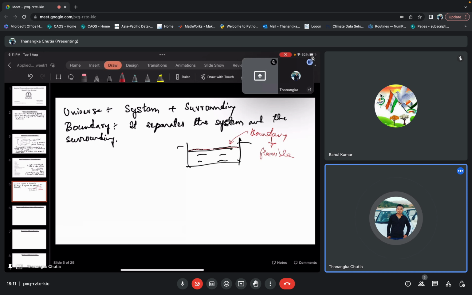Another conclusion is that my boundary may be fixed, like a piston cylinder, or rather a rigid container.